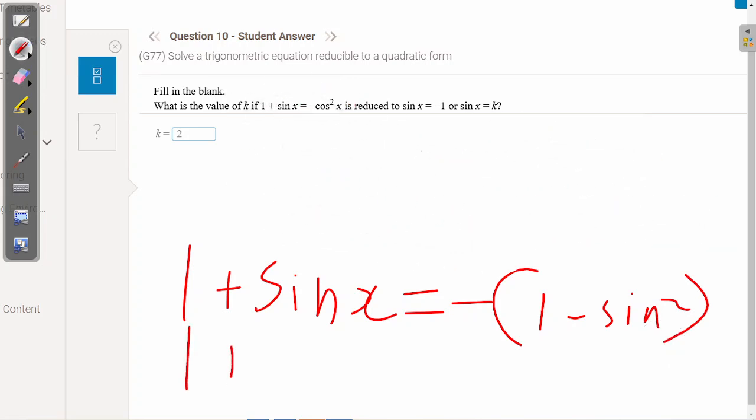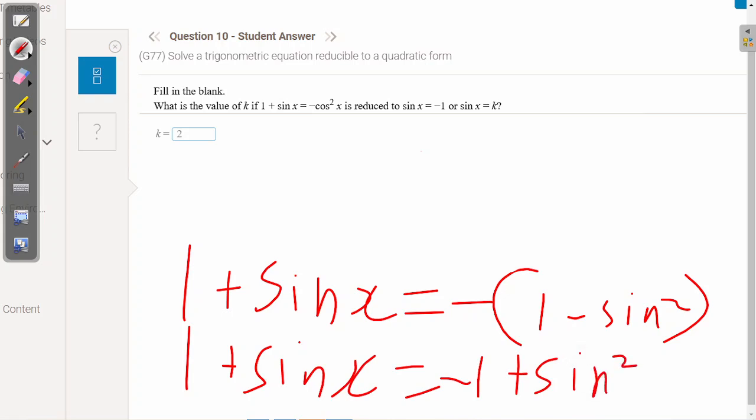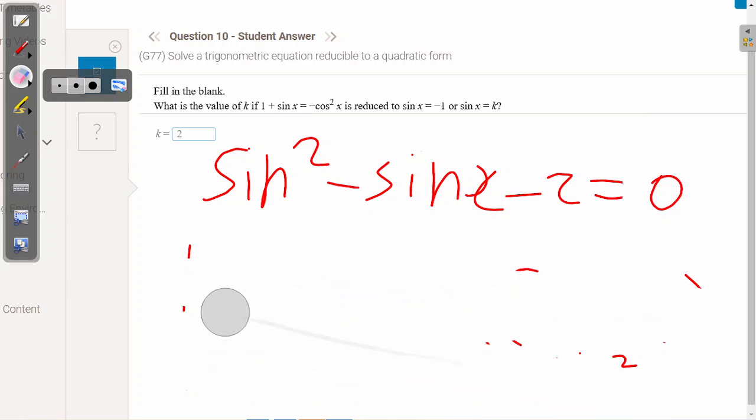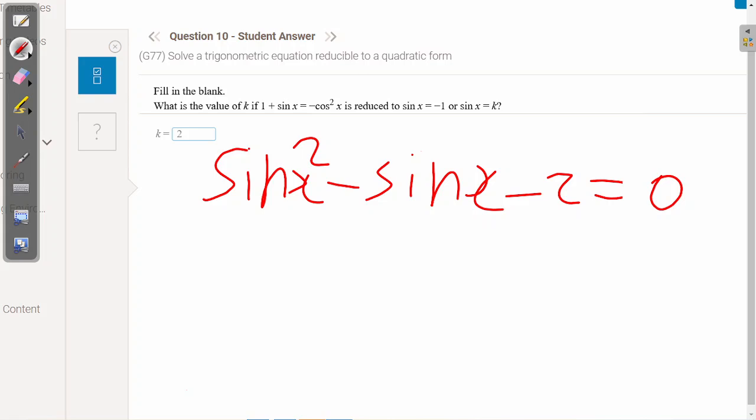So 1 plus sine x equals negative 1 plus sine squared. You move everything to one side so it becomes 0. So sine squared stays, minus sine x, and negative 1 minus 1 is negative 2, equals 0. Again, instead of the sine, you put x, so x squared minus x minus 2 equals 0.